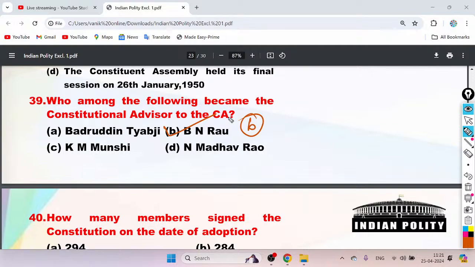He was also the representative on the United Nations Security Council from 1950 to 52. He held several key positions during his career. He played an important role in the drafting of the Constitution. He is also known as the pioneer of the Constitution of India. B. N. Rao.